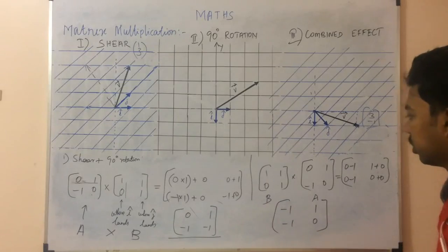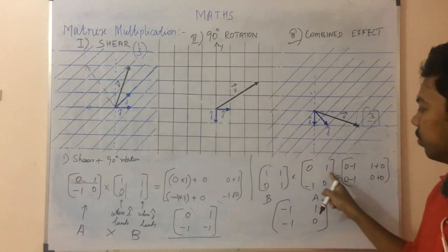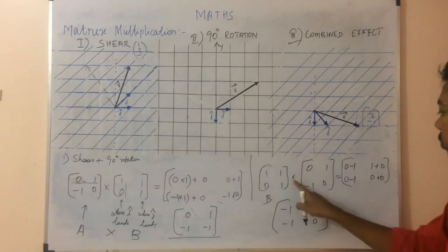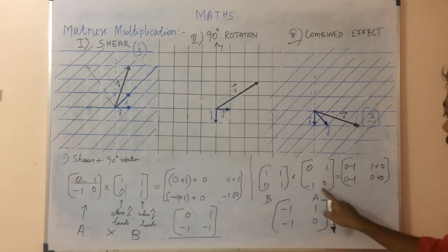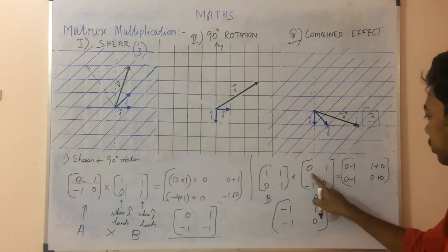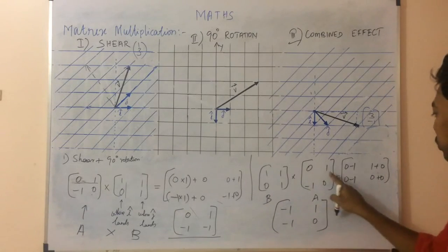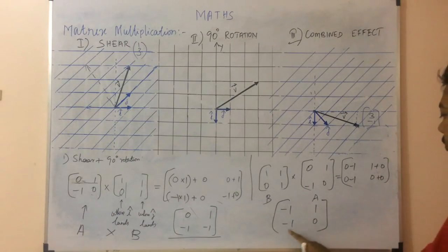Please check it once again: 1, 0, 1, 1 and 0, 1, minus 1, 0. So 1 into 0 plus 1 into minus 1 is minus 1; 1 into 1 plus 1 into 0; and 0 into 0 plus 1 into minus 1, minus 1; 0 into 1 plus 1 into 0, 0. So you will get minus 1, 1, minus 1, 0.